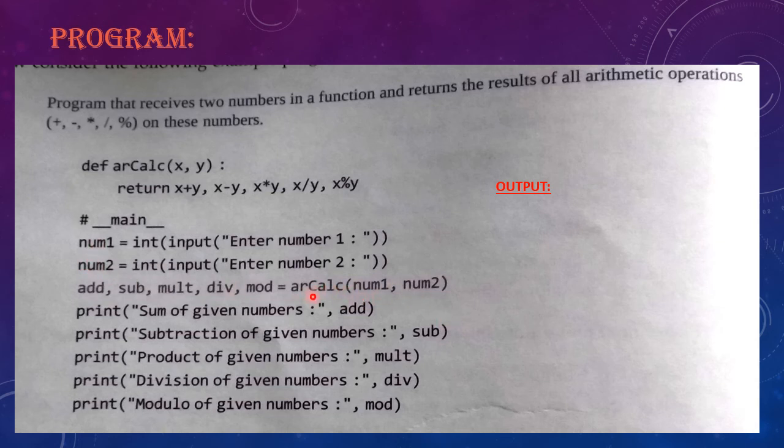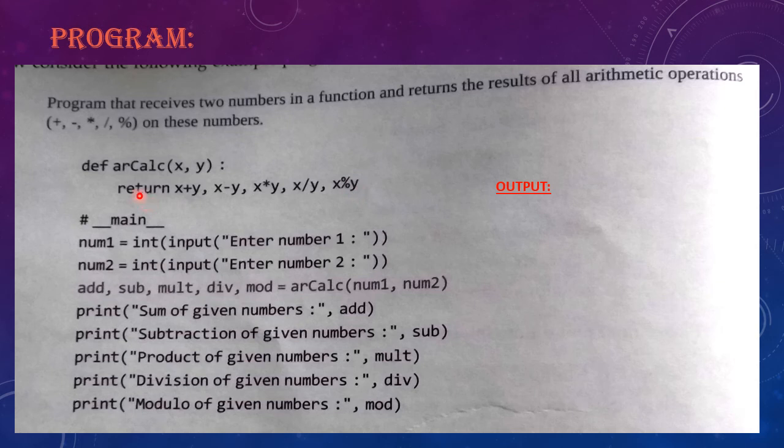So we are invoking the function rcal. It will jump to the definition part of rcal. So x will receive the value num1 and y will receive the value num2. Then it returns the first value by adding them, second value by subtracting them, then multiplying them, then dividing them, then modulus.